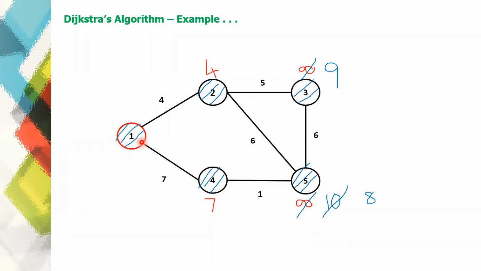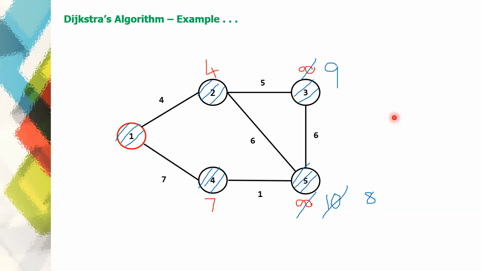From node 1, the distance to node 2 is 4. From node 1, distance to node 3 is 9. From node 1 to 4, the distance is 7. From node 1 to 5, the distance is 8. And these are all the shortest distances from the source vertex to all the remaining vertices.